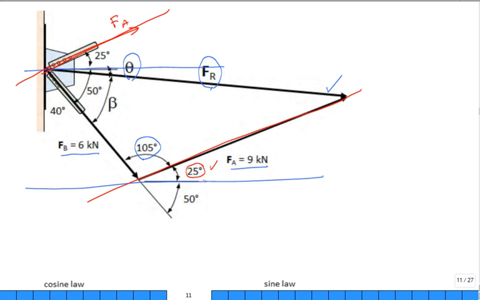Then likewise we say, well, from the horizontal, this F_A is sloped down 50 degrees. So I have 50 and 25, that makes up 75 degrees, and I know that if I go the whole length all the way around, that'll be 180 degrees.